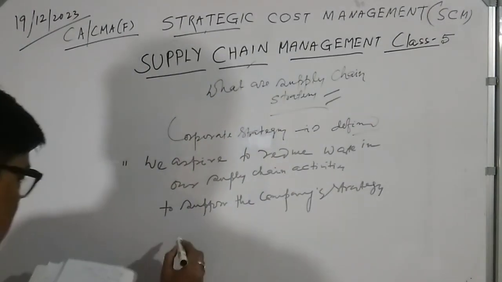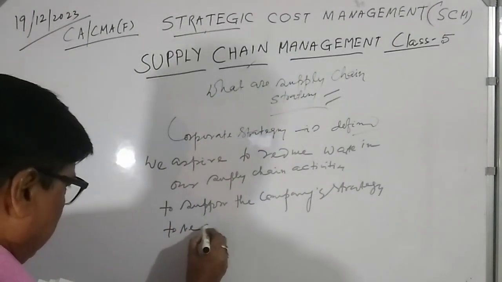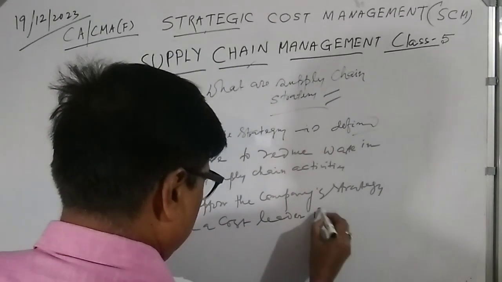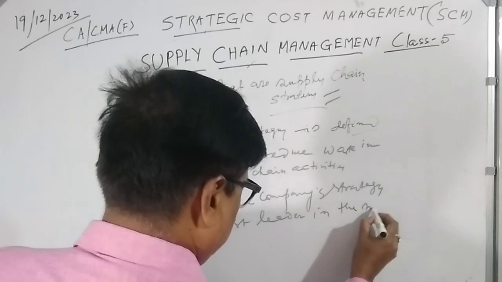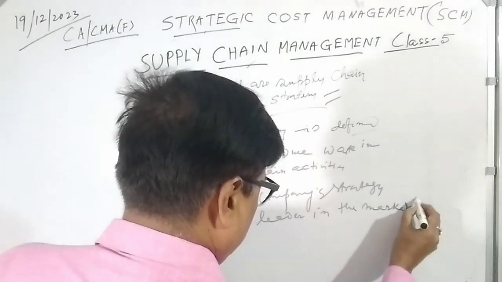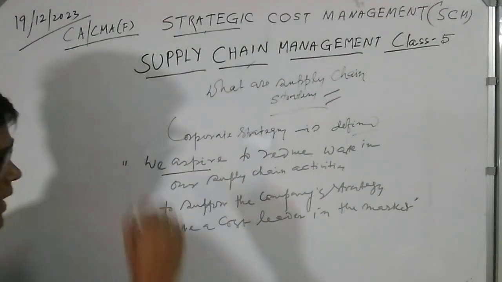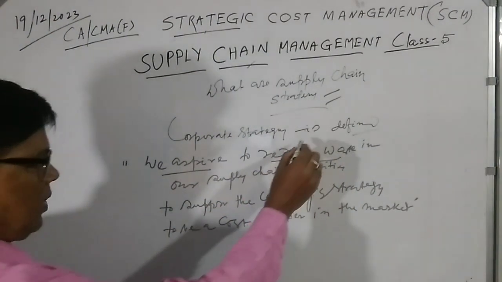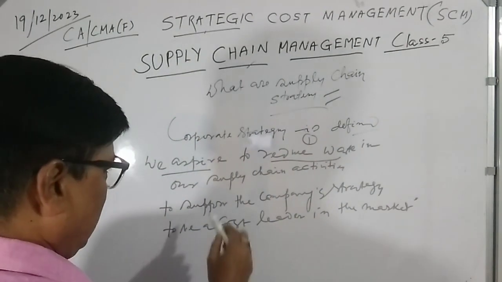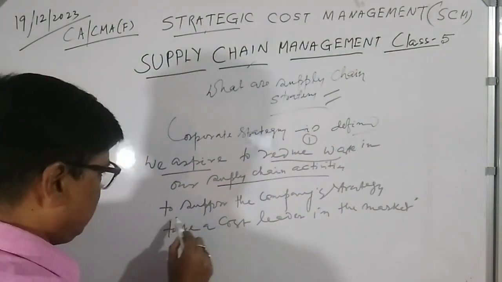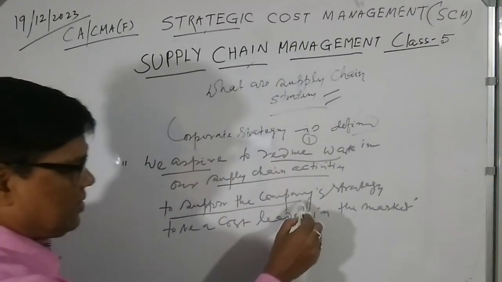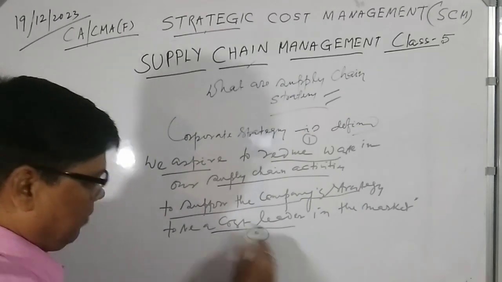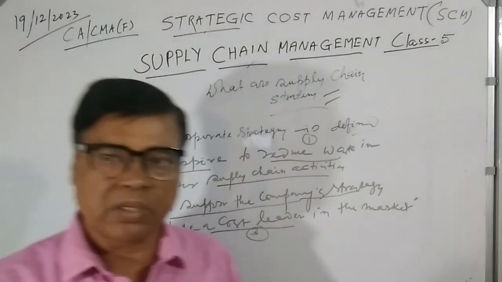The company's strategy is to be a cost leader in the market. See, we aspire to do these things. You have to reduce waste, number one, very important. Supply chain activities support the company's strategy, and ultimately your main purpose is that you become the cost leader.